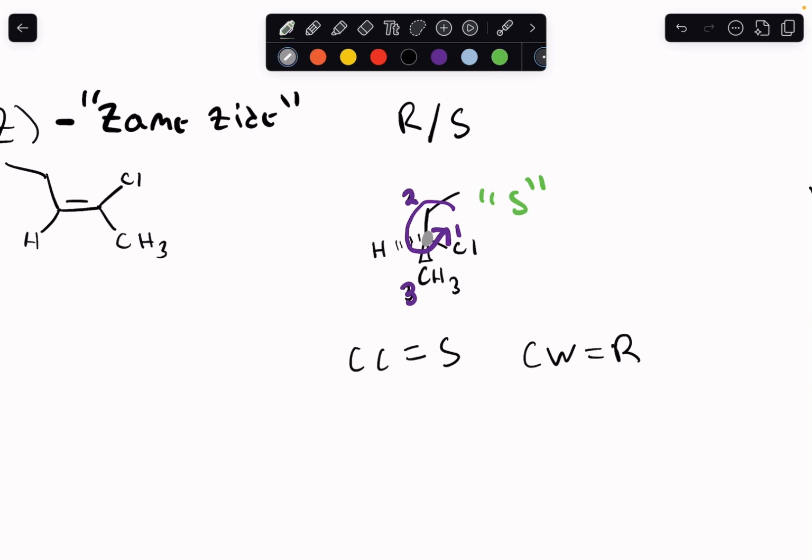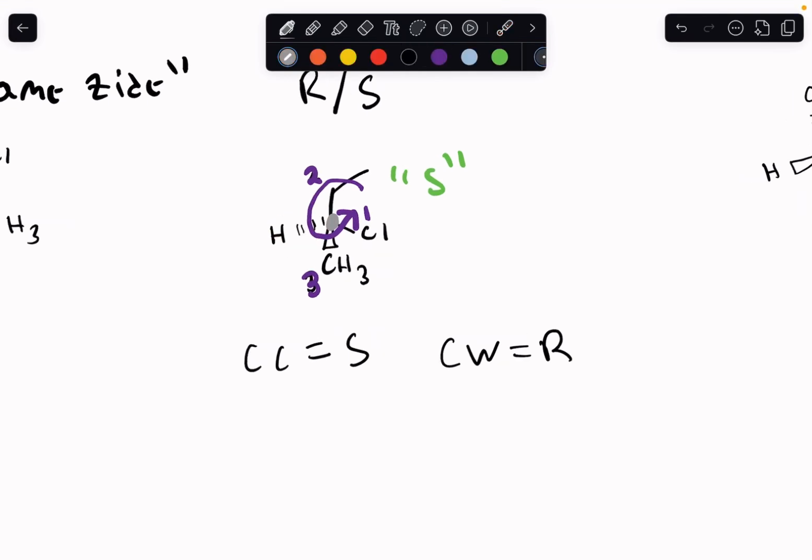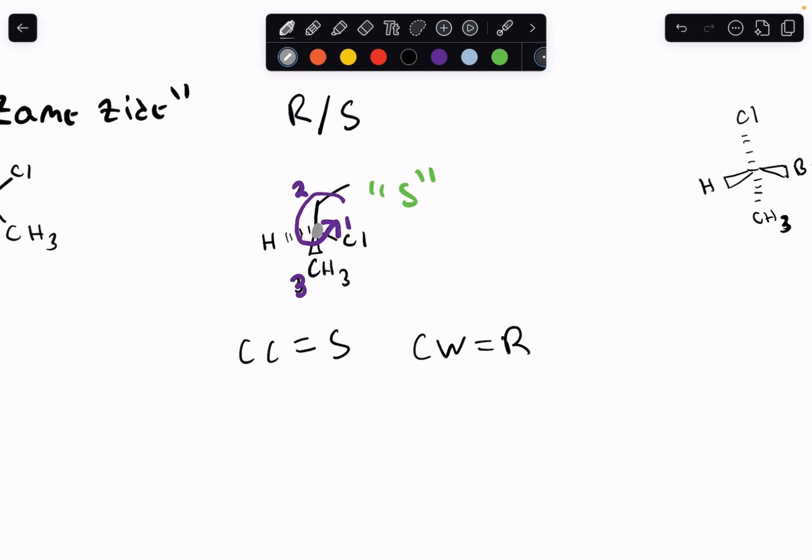A few things to know. One really big thing is that your lowest priority group should be on a dash. Lowest priority group needs to be on a dash. What I mean by that is this carbon is technically number four, and whatever is ranked as your lowest group should be on a dash.